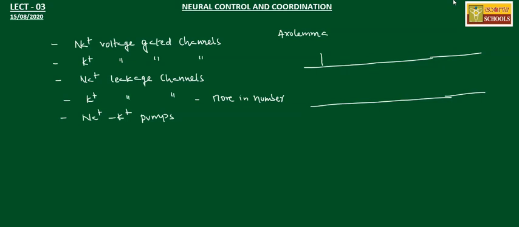So with this, we understand that the axolemma has greater permeability to potassium ions than to sodium ions.